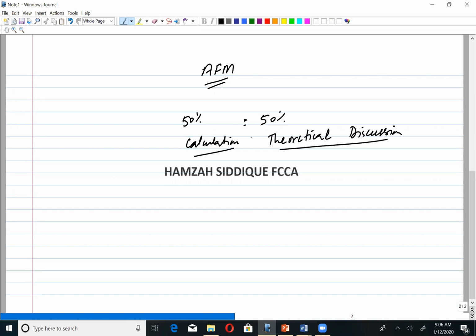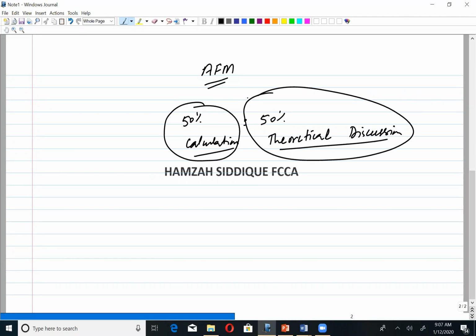The mistake students make is that they keep focusing only on the calculation part and ignore the theoretical discursive portion.